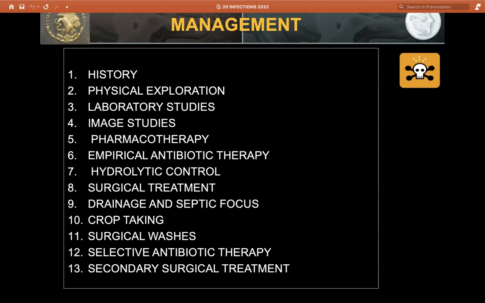After that, we need to program some surgical washes, cleaning the wound with different kinds of liquids that are effective against bacteria. And we should choose a selective antibiotic when we already know what kind of bacteria is affecting the patient. And most of the time we need to close the wound by surgical repair, or sometimes it repairs itself.